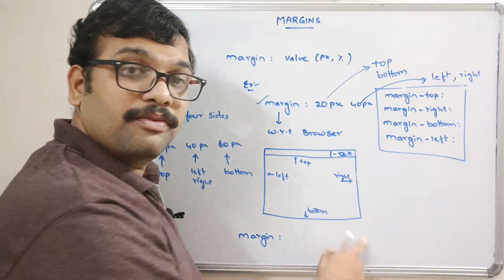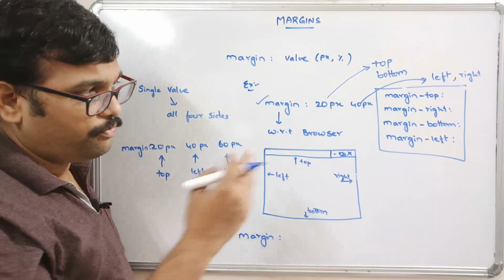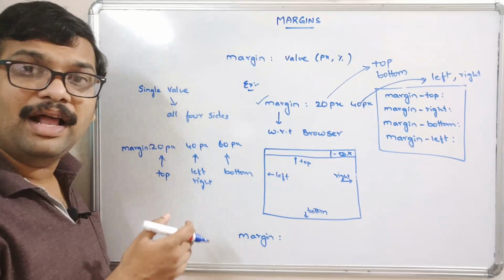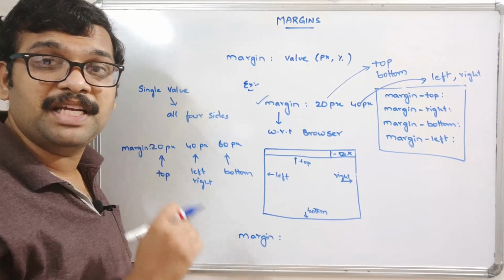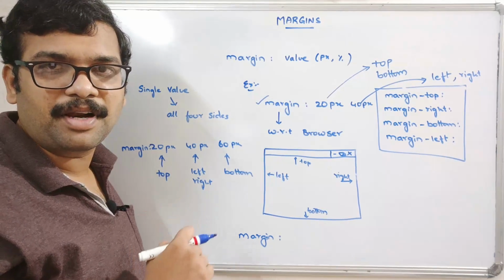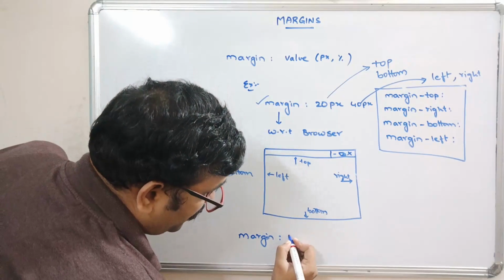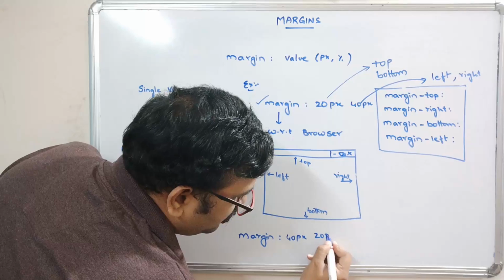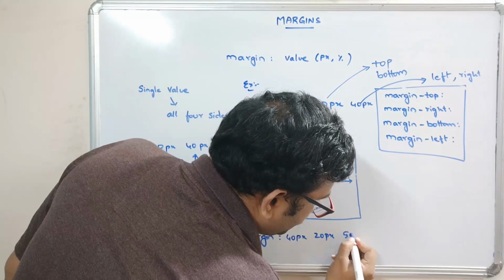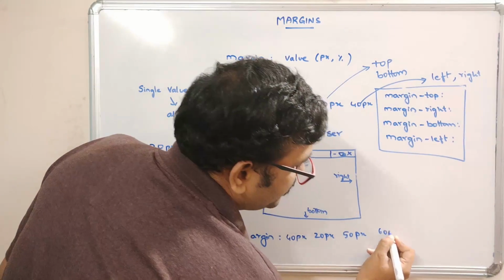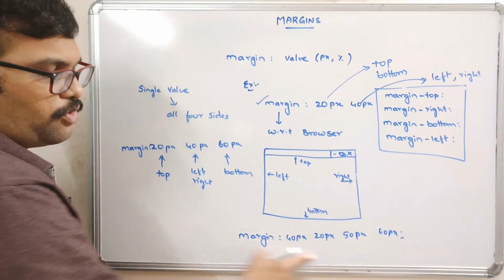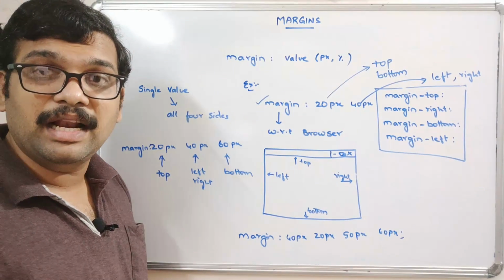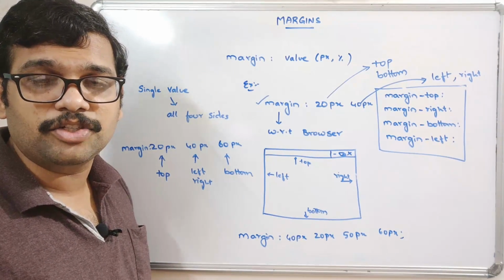Here we have to give all four values, or two values or three values, whatever it may be, space separated. See, 40 pixels, 20 pixels, 50 pixels, 60 pixels. So this is a common single line shorthand property.